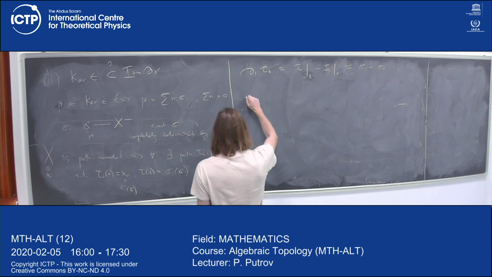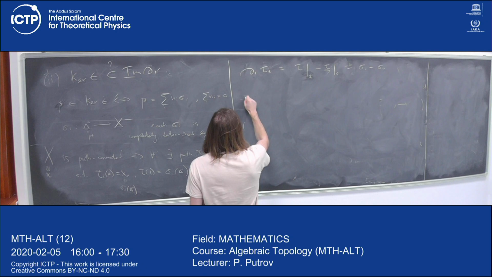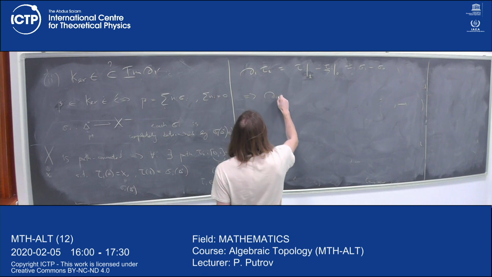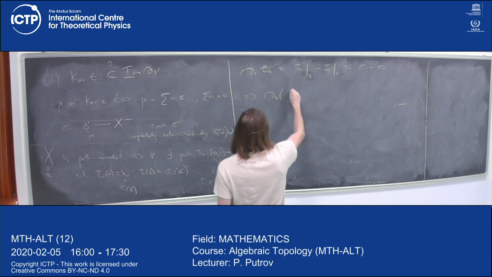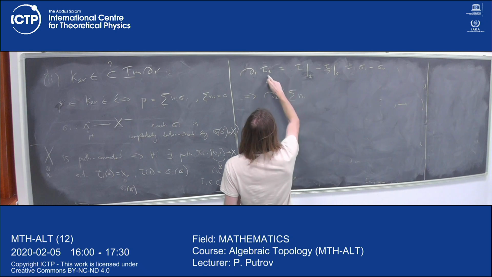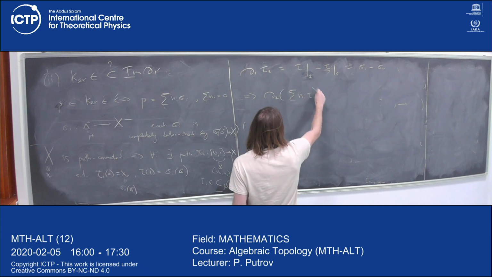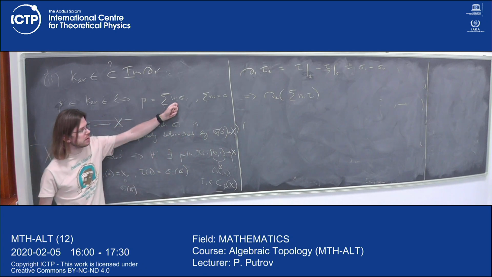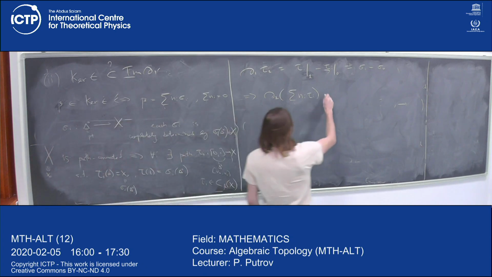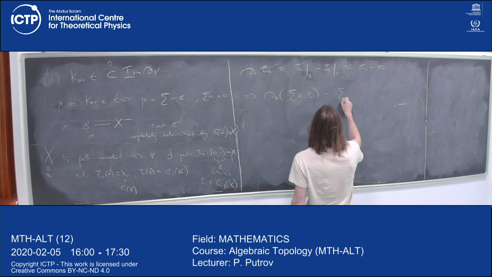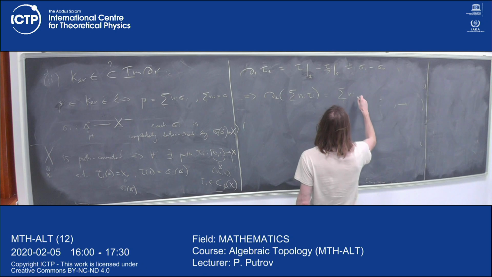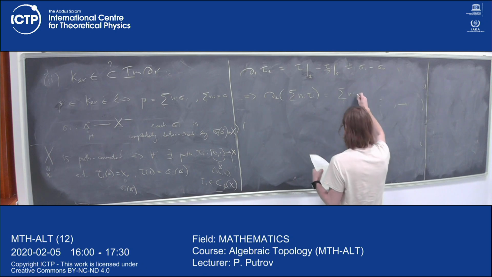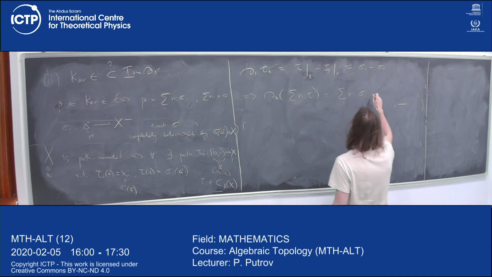Okay, and then if I take d1 of the following linear combination of the Ti's, the sum with the coefficients ni, the same coefficients which appear here, then by linearity it is like this.